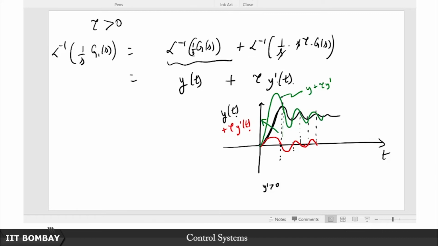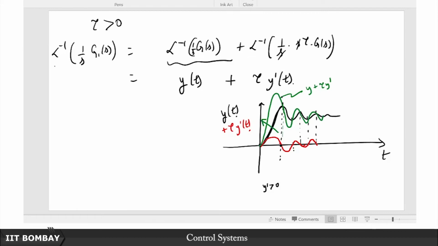The original response of the second order system does not fluctuate much as you near the steady state. So of course the effect of y dashed is also hardly perceptible for higher values of time, even if tau might be a considerably large value.